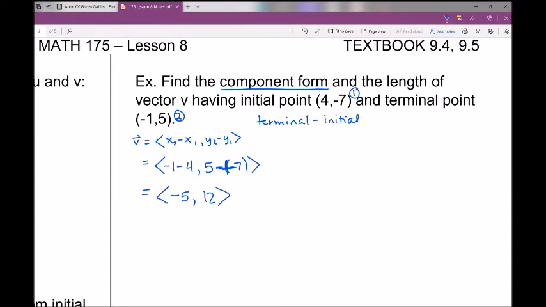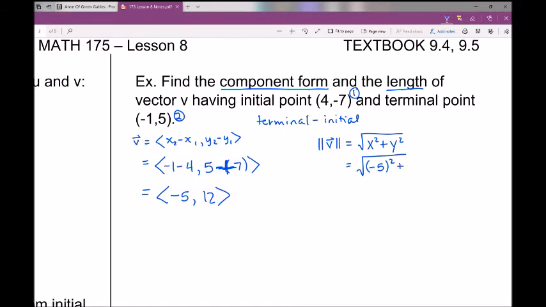Next, we're going to find the length of that vector. So now that we have our vector in component form, it's not too bad to find the length. Okay, so remember the length is that double absolute value sign around v, and this is just simply the square root of x squared plus y squared. So the horizontal component of our vector is -5, so we have -5 squared.